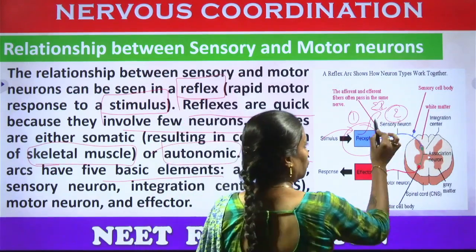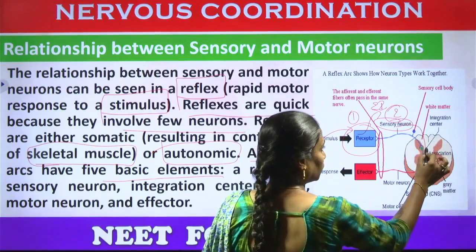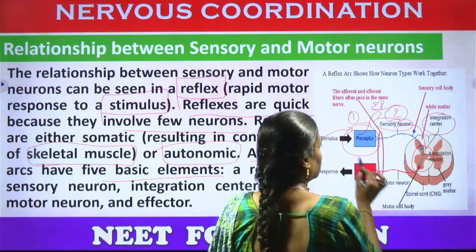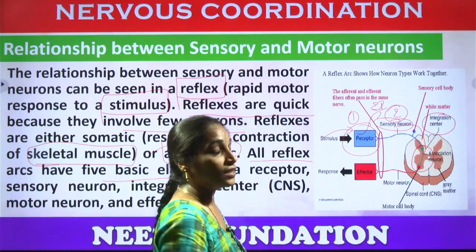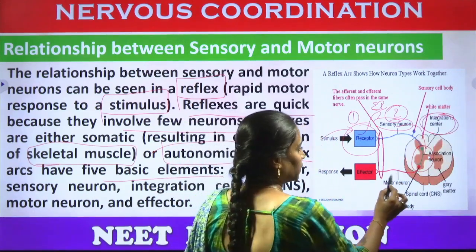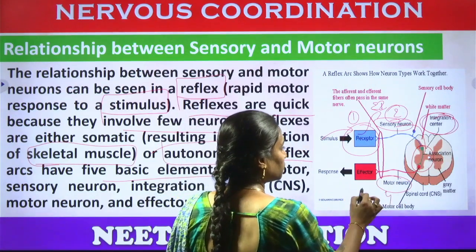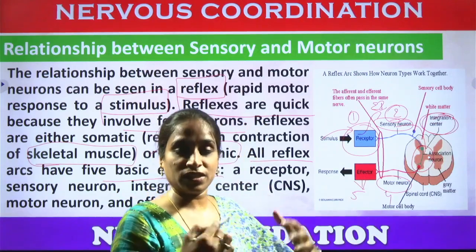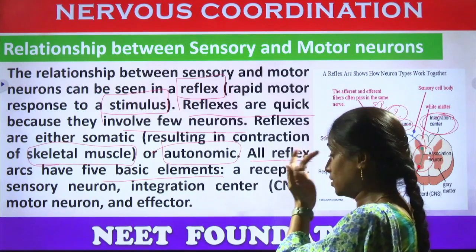The sensory neuron sends the electrical impulse towards the associative neuron in the integration center. First element receptor, second element sensory neuron, third element the integration center, fourth element the motor neuron, and fifth element the effector organ. Okay, so these are the basic 5 elements involved in giving a reaction to a particular stimulus.